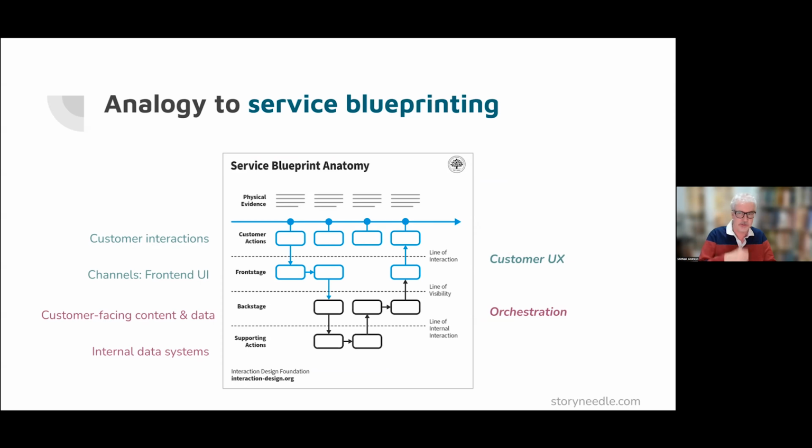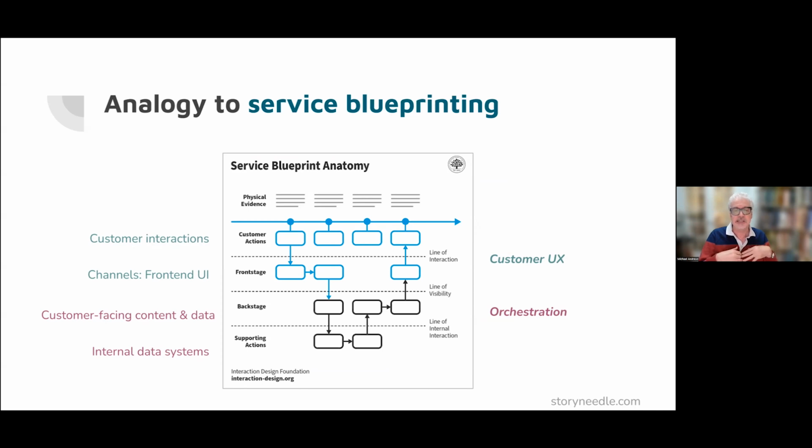And essentially the idea is that you have the customer interacting with our organization, and the customer's direct interaction with our organization is on what's called the front stage. So, it's the user interfaces that we offer them, or our customer representatives, you know, things that our customers are interacting with.